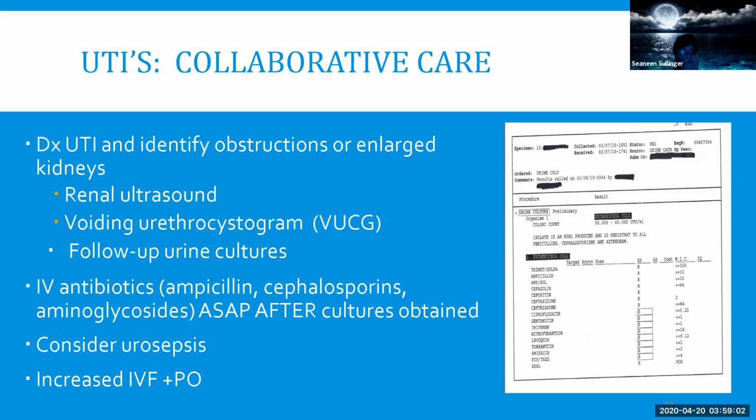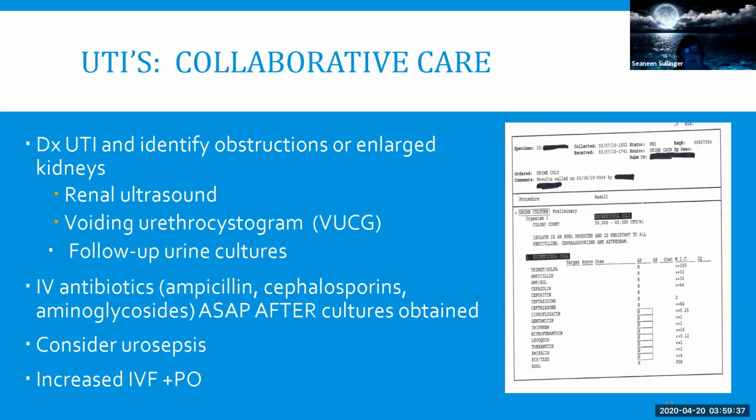You can do the voiding cystourethrogram where dye is injected, and so you can see the pattern of the urine going through the kidneys, and then continue to do urine cultures to make sure that the antibiotics are being effective. And you always do the culture first, right? And then you start the antibiotic. So generally we're talking ampicillin, some of the cephalosporins, aminoglycosides, to be started after the cultures are obtained.